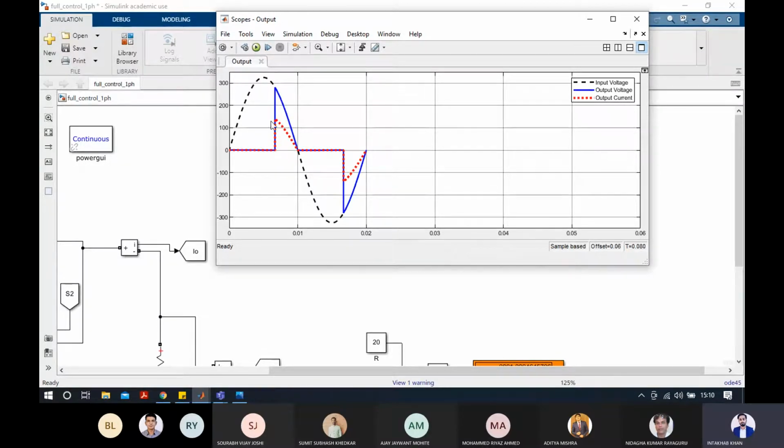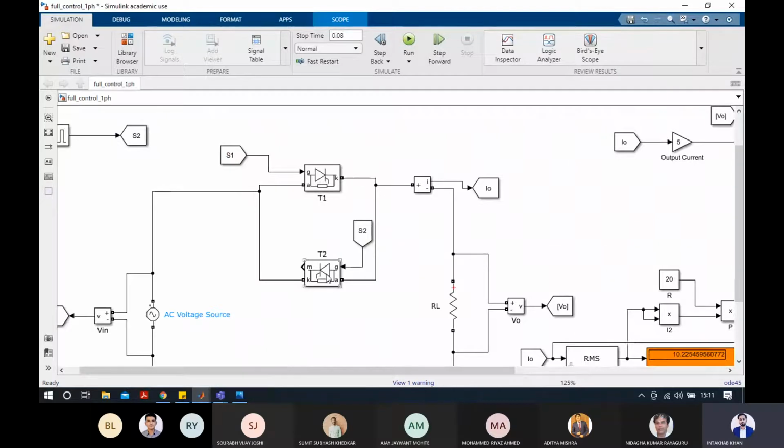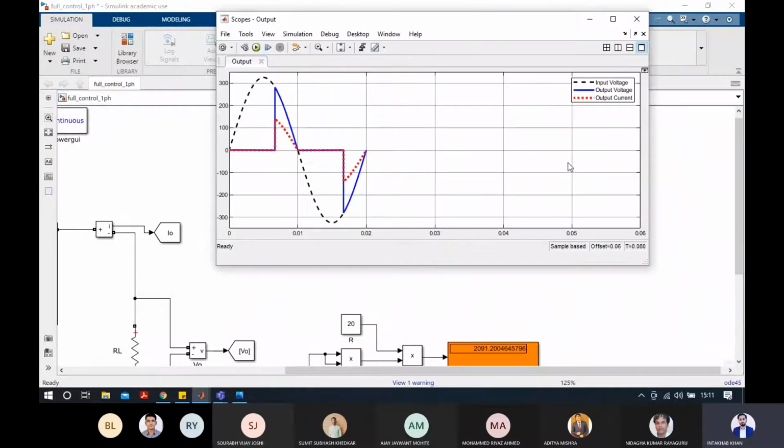Hence the output voltage at the resistor will be this blue portion. This is the output voltage curve, shown by the blue curve. Then the second thyristor T2, which is switched on at 180 plus 120 degrees, will block this portion of the voltage and allow this portion to pass.